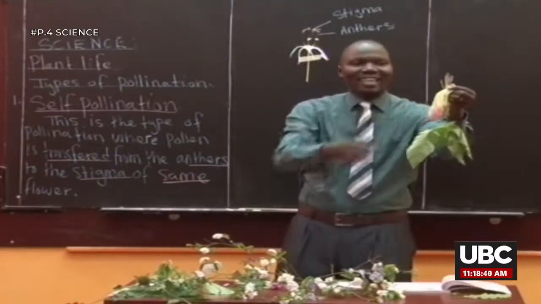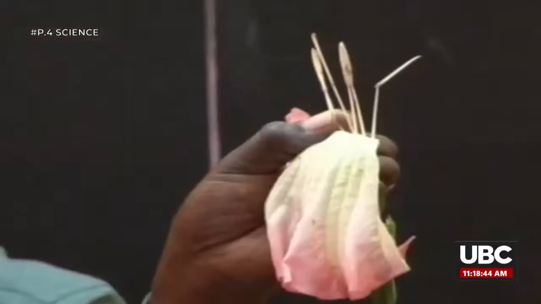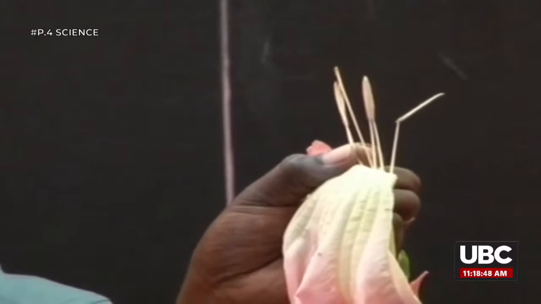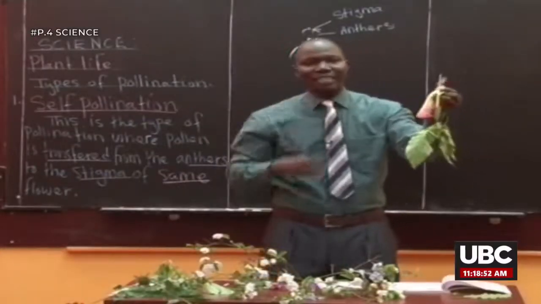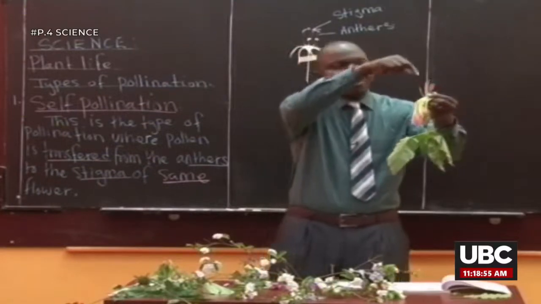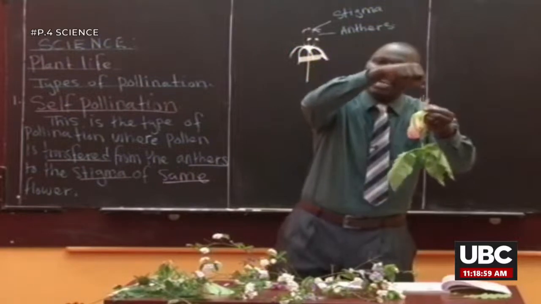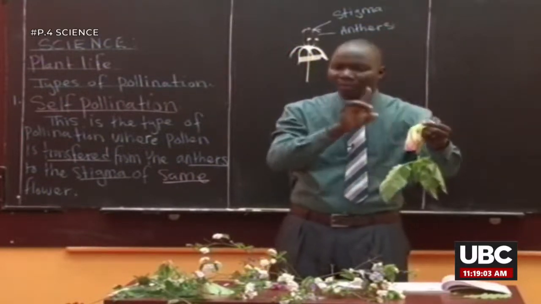There are insects there. Look at them. Very many. I was talking about insects. And here we are lucky. We have our insects. So going back to what we were saying, self-pollination is from the anthers to the stigma of the same flower.